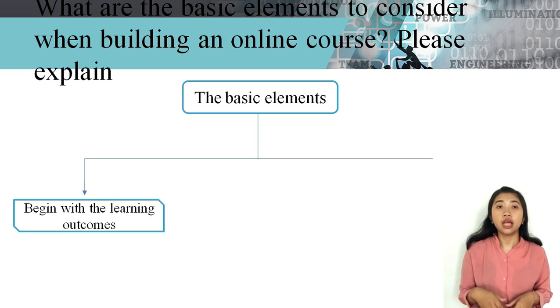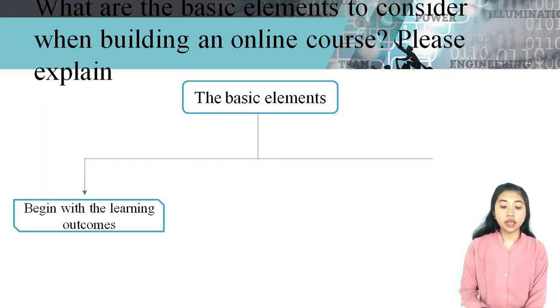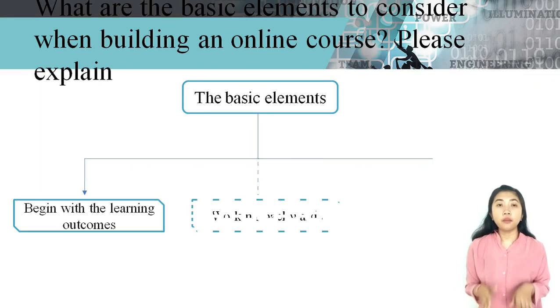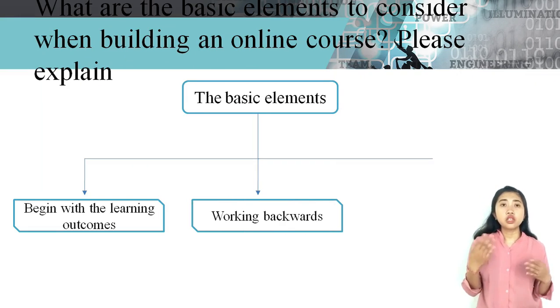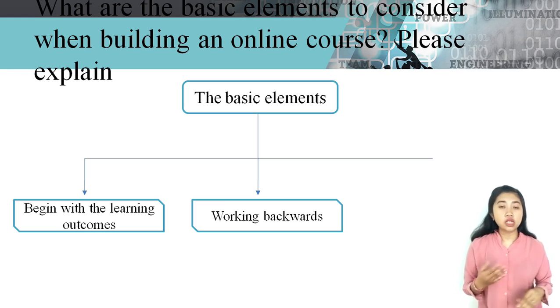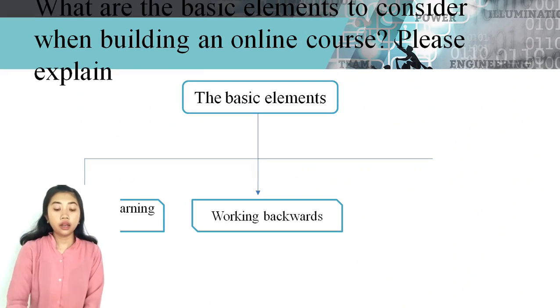For example, students are able to create a final project at the end of the course. The second is working backwards. Design the criteria of assessment, what we are going to assess. Smaller assessments are needed to assess each module to build student skills and assess students based on their final project.